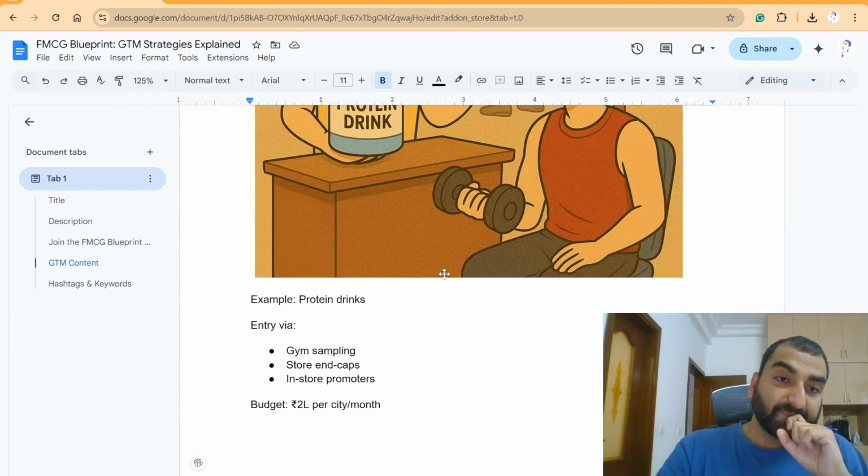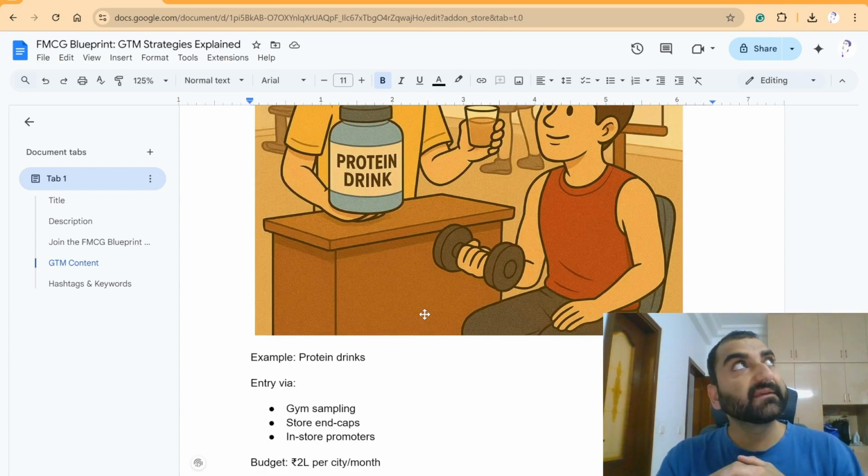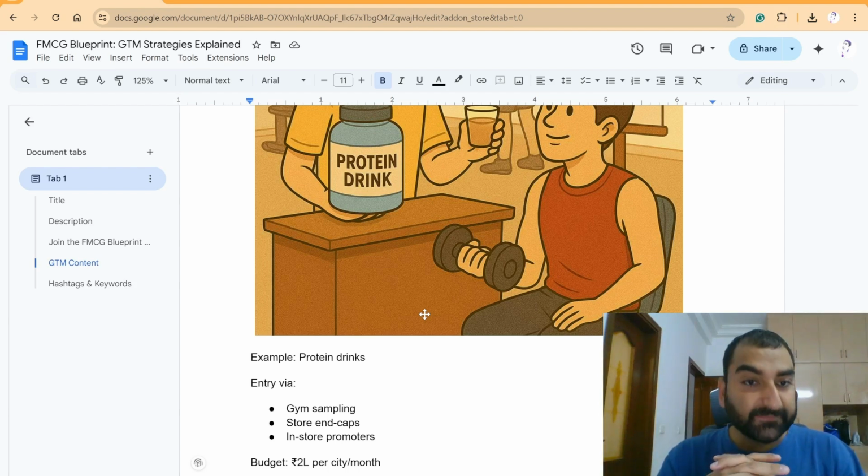So let's understand this with the example of a protein drink. So the best case in this is what should be your go to market strategy? So protein drinks, the best case would be to approach gyms, right? So you need to have certain budget for gym sampling before you plan your marketing budgets. Then you need to do store end caps, which comes under POSM, point of store visibility merchandising.